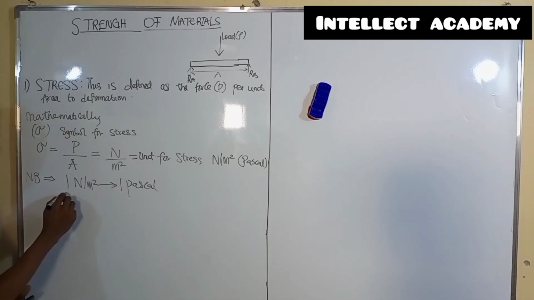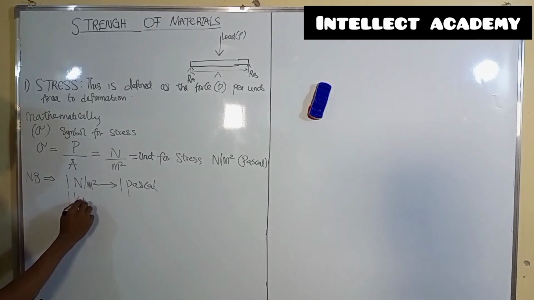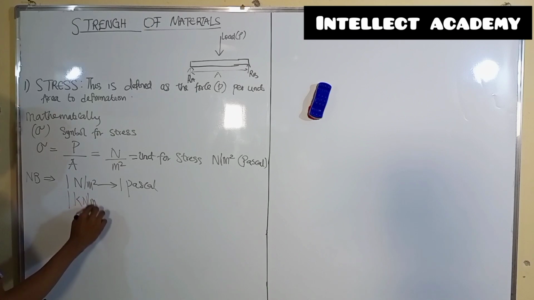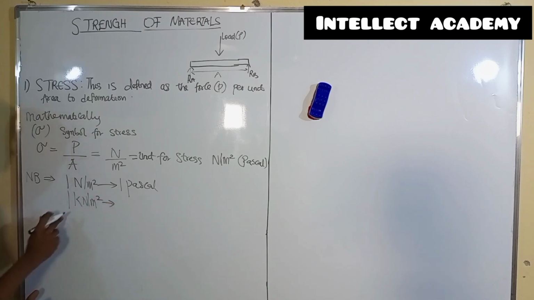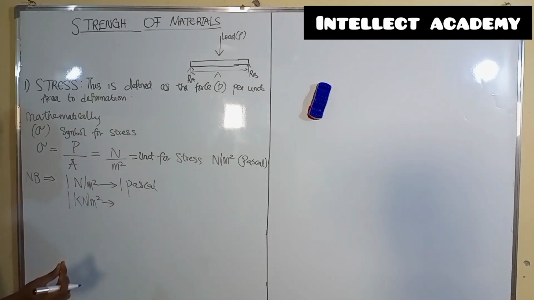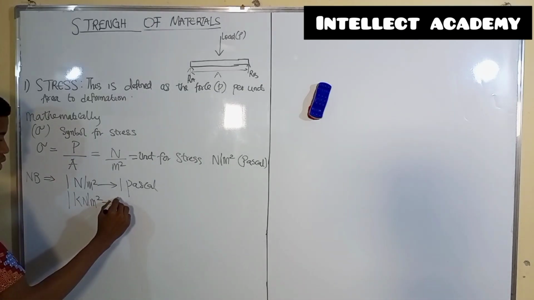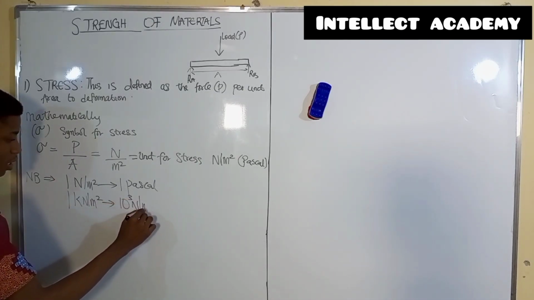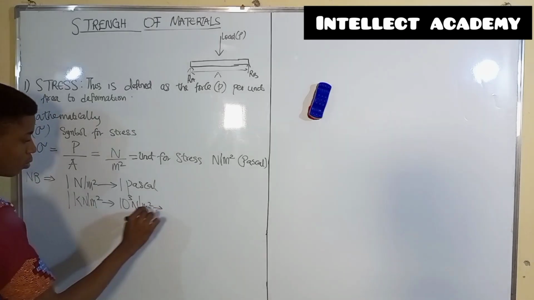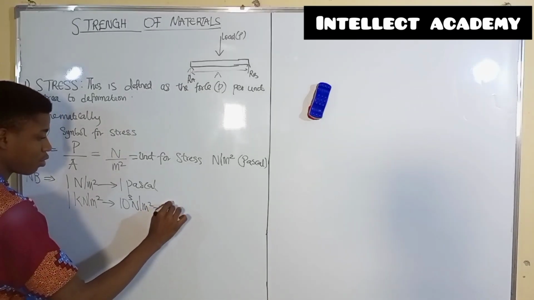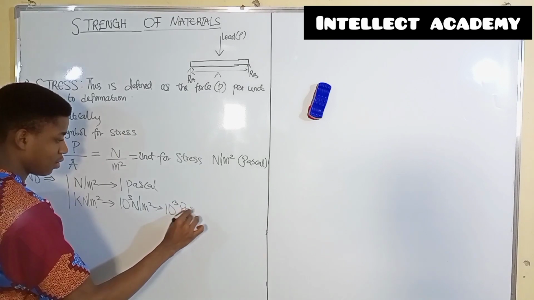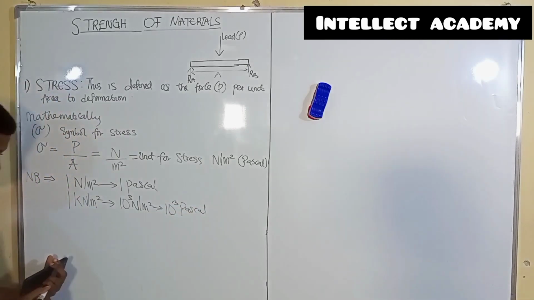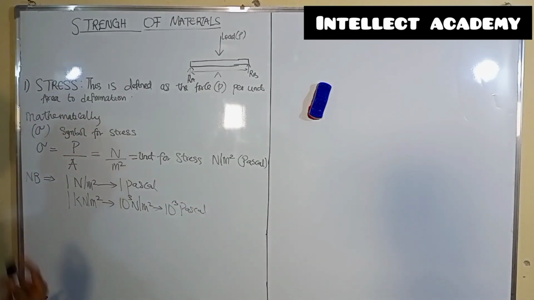Also take note that 1 kilo Newton per meter square is, of course, we know kilo is 10 raised to the power 3. It is the same as 10 raised to the power 3 Newton per meter square. Also, 10 raised to the power 3 Pascal. Very, very important.